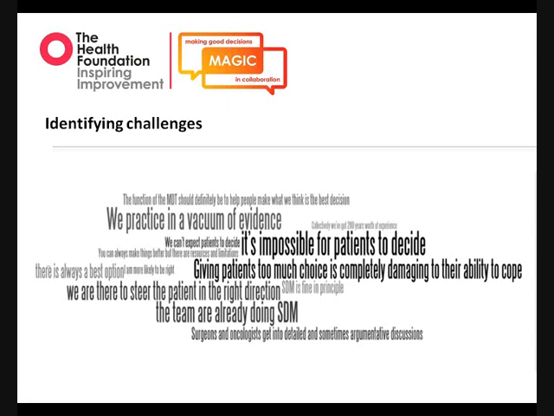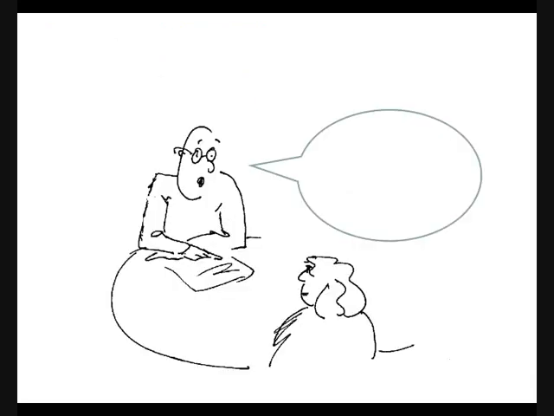Here's another set of challenges. People complain that there's not enough time, that it's too difficult to get the evidence in front of patients. All these problems quickly come in front of you.